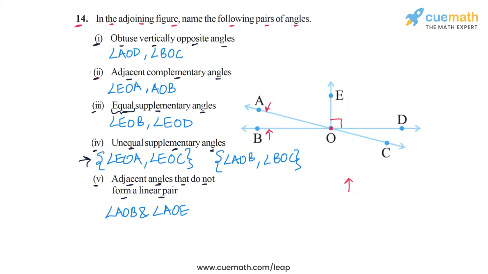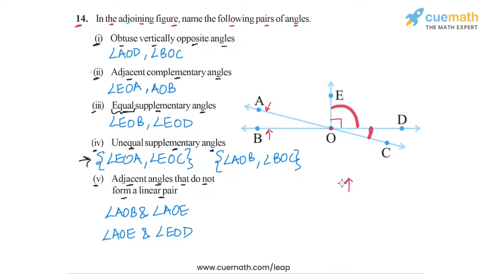If we take, let's say, AOE, this angle, and EOD, these two angles add up to angle AOD, which is less than 180 degrees, as we can see in the figure. So this could be another possible answer for this part, angle AOE and angle EOD. Then a third possible answer could be if we take angle EOD and angle DOC.